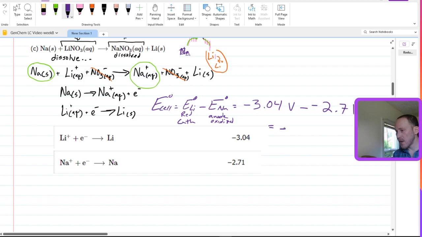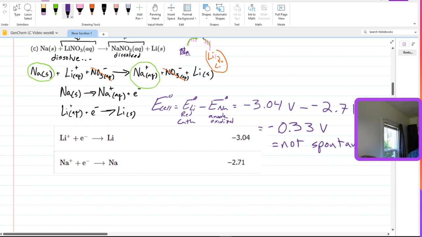We end up with negative 0.33 volts, which equals not spontaneous. Those electrons are going to be like, no thanks, not going to flow through your circuit.